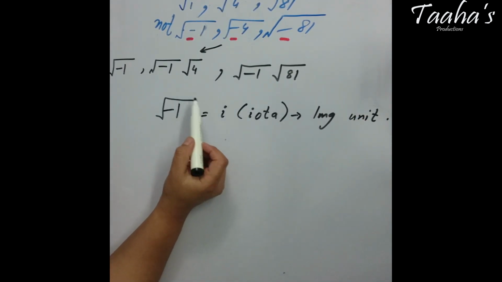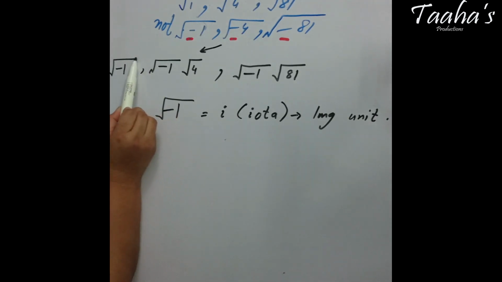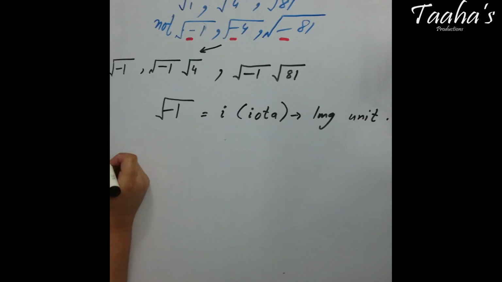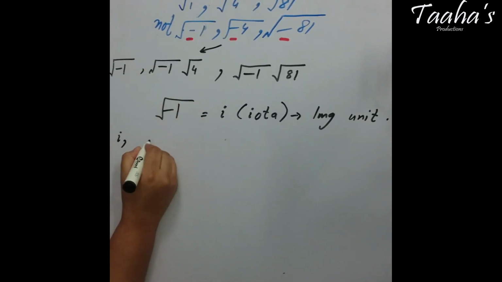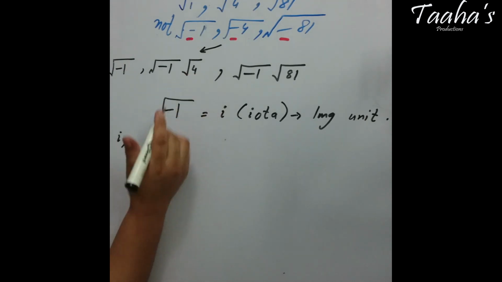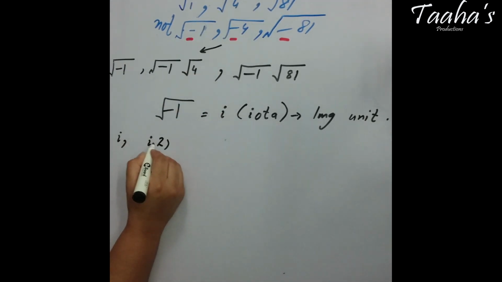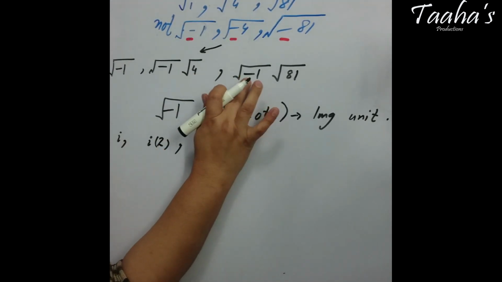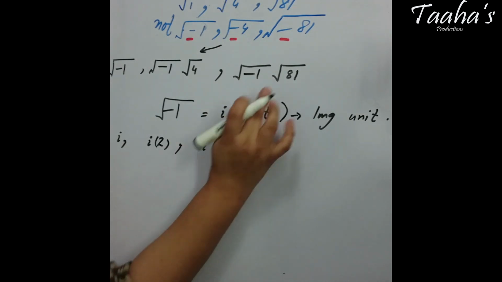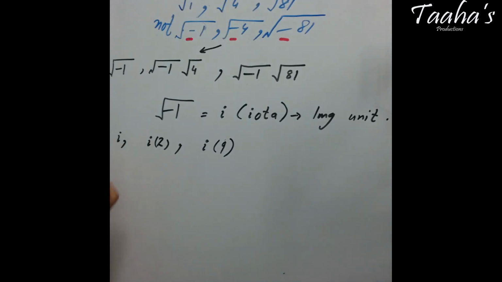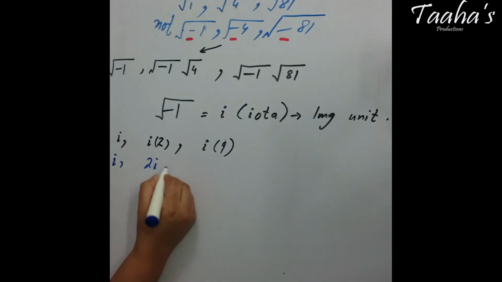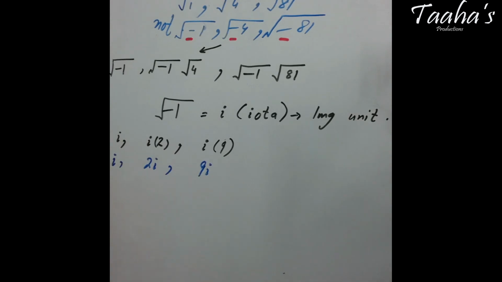You will call this square root of minus 1 iota, this one iota, the square root of 4 is 2, so it is 2 iota, and the square root of 81 is 9. So the numbers are iota, 2 iota, and 9 iota.